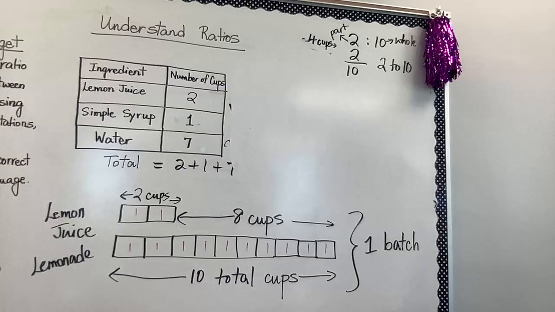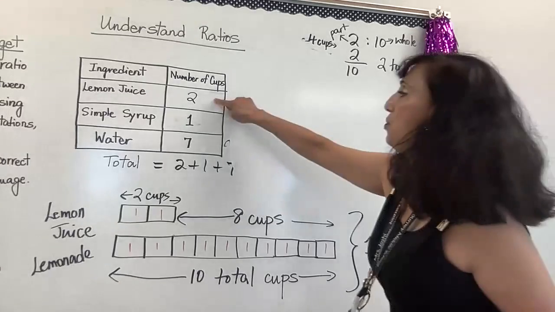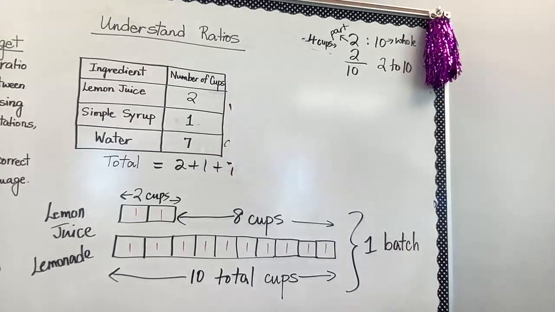The ratio 2 to 7 is a part to part ratio because it compares the number of cups of lemon juice, which is one part, to the number of cups of water, which is another part needed to make the lemonade.